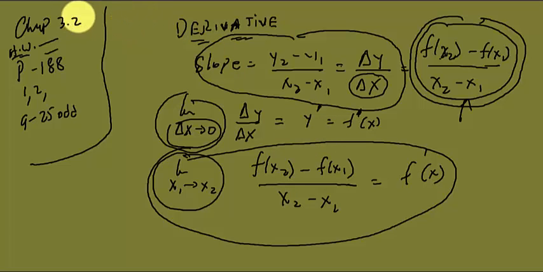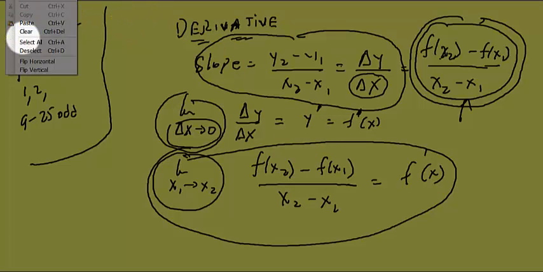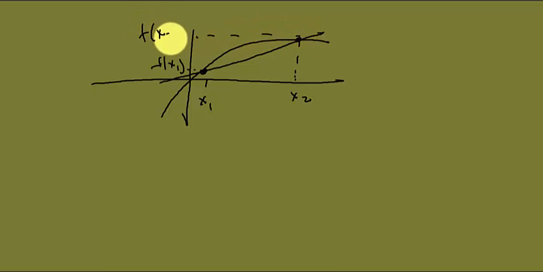Okay, so I need to graph this for you, so let me graph it. Let's say we have some curve like that, and we want to find the slope of this line right here, and this is my x sub 1 and this is my x sub 2. So this will be my f of x sub 1, and this y value will be my f of x sub 2.